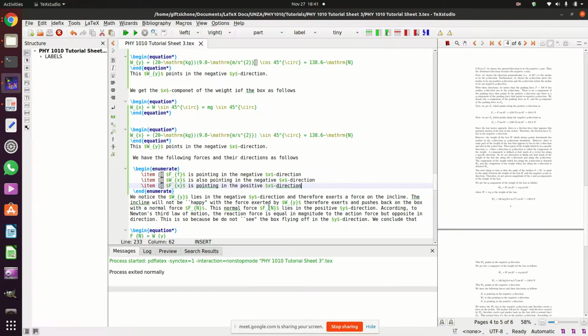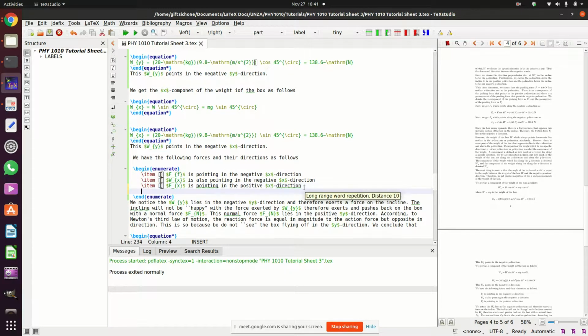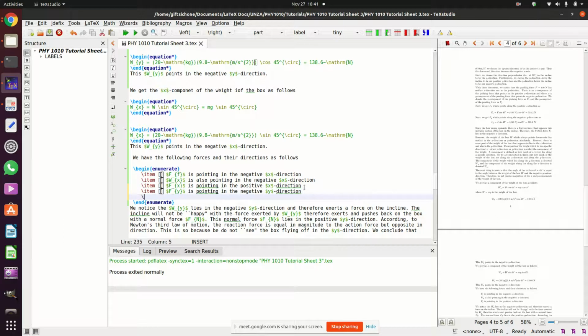Then we come to Fy, which is pointing in the negative y direction, and the other one pointing in the negative y direction is Wy, is also pointing in the negative y direction.